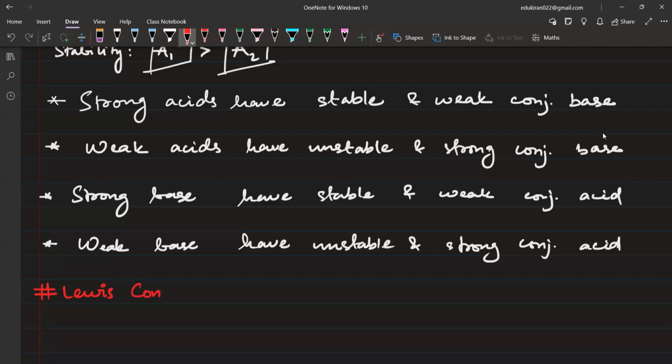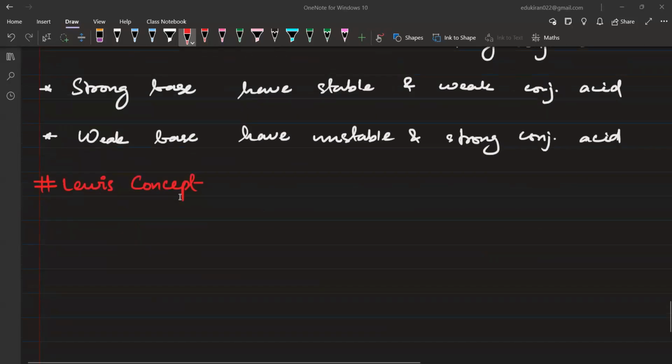Lewis concept. Okay. So Lewis concept of acid and bases.